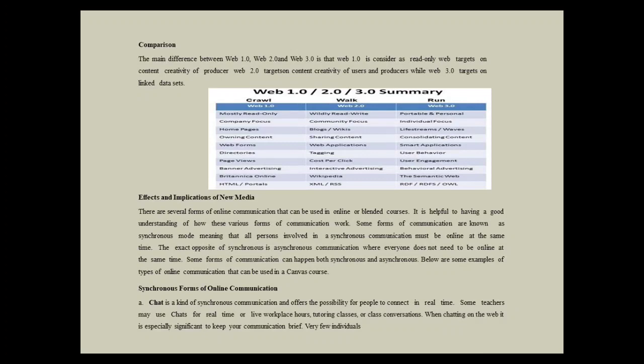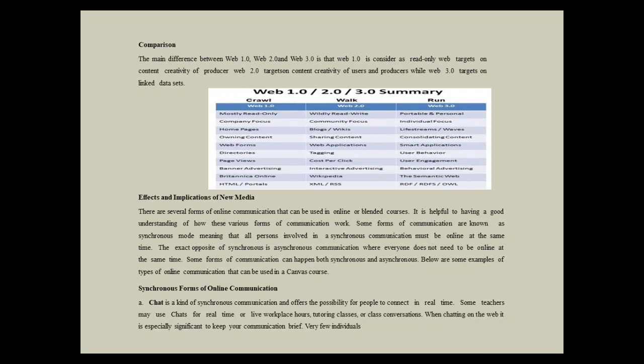There are several forms of online communication that can be used in online or blended courses. It is helpful to have a good understanding of how these various forms of communication work.